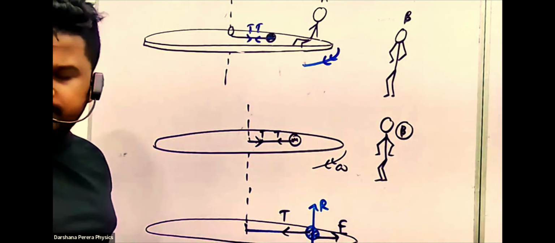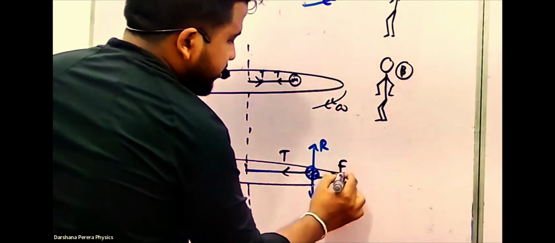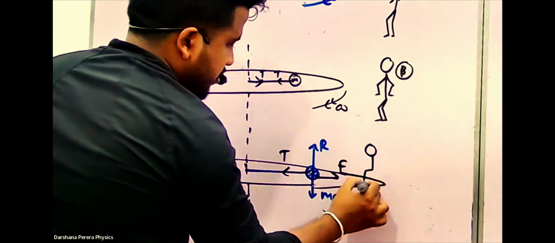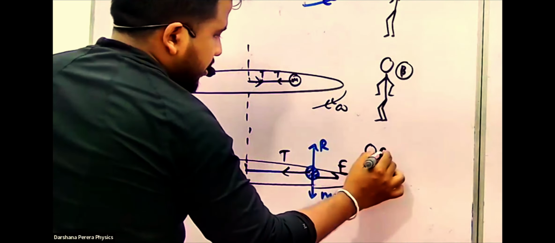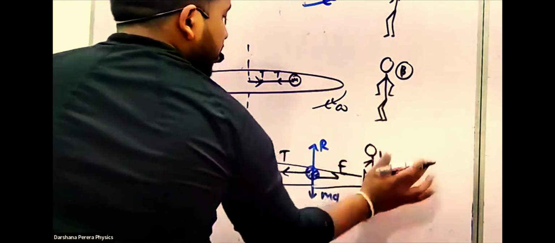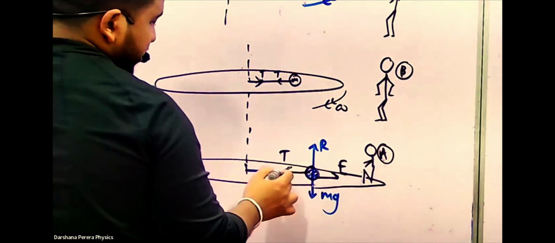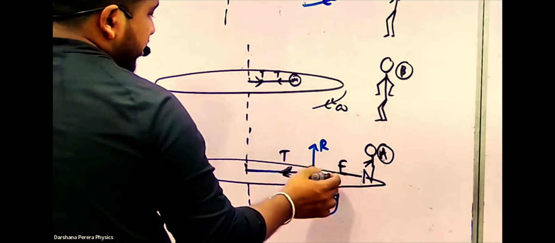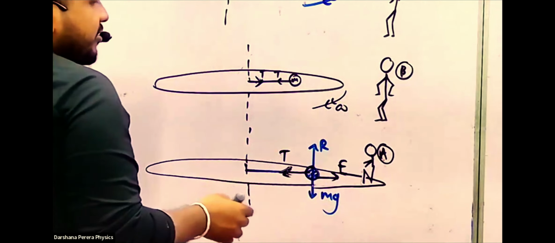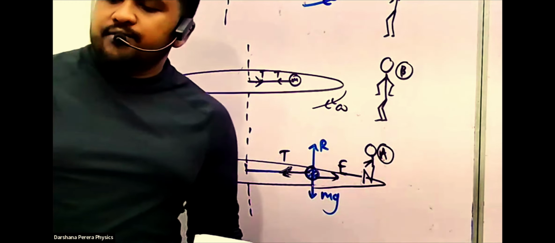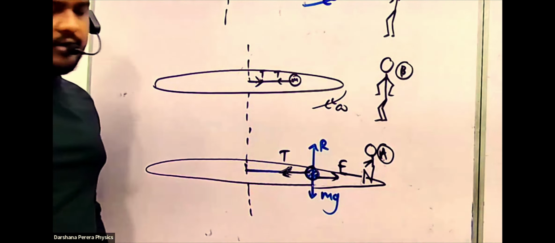Right. When it rotates like this, A sees it at rest. Therefore, there is a tension, and also you can see there is an invisible force that is called centrifugal force. When we are traveling in a bus, we also know there is a centrifugal force. Why? We are thrown away from the circular path. That is centrifugal force.